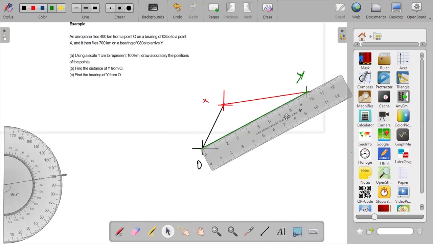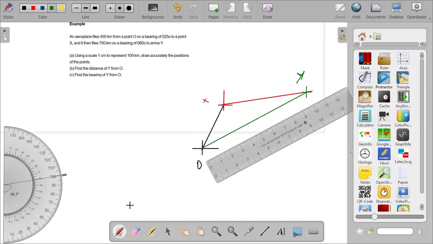It is 9.9 or thereabout, so let's take 10. OY is equal to 10 centimeters. Based on our scale, 1 centimeter is 100 kilometers. Therefore, 10 centimeters will be 10 times 100, which is 1000 kilometers. So the distance of Y from O is 1000 kilometers.